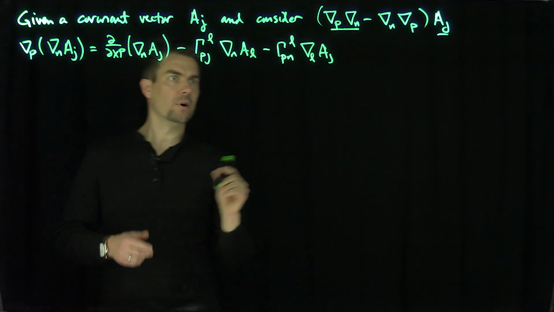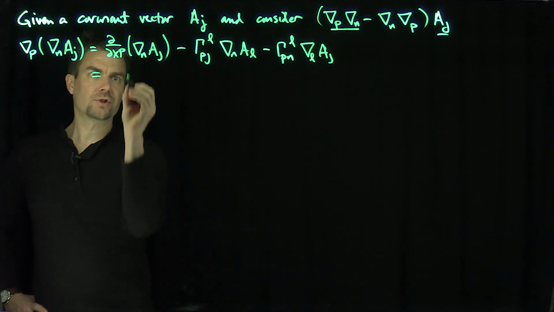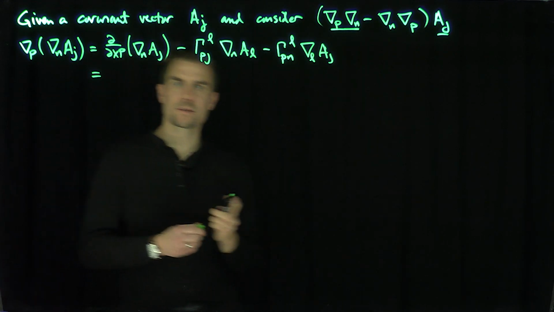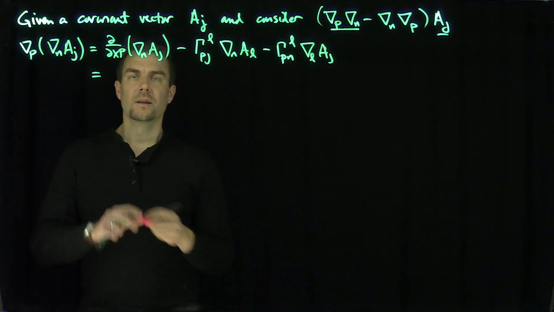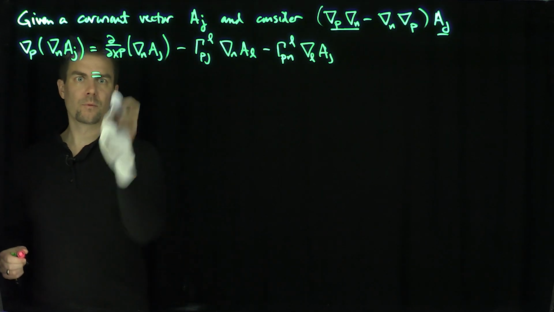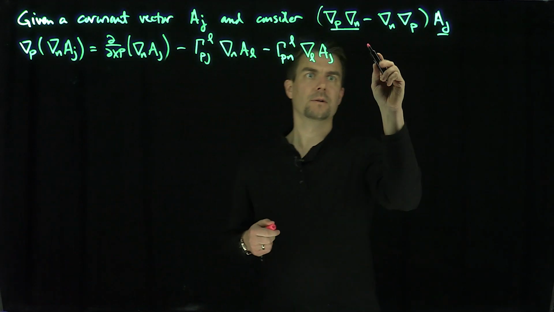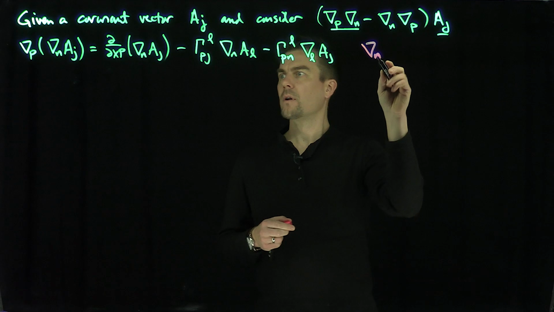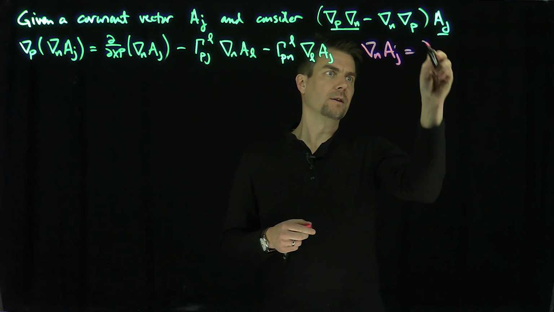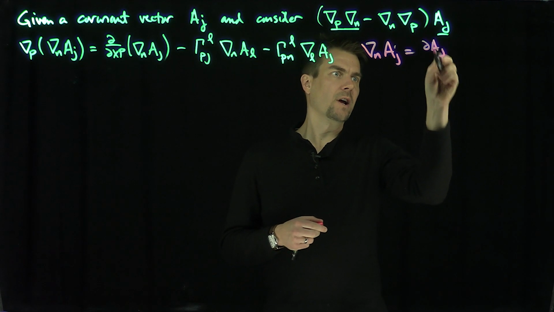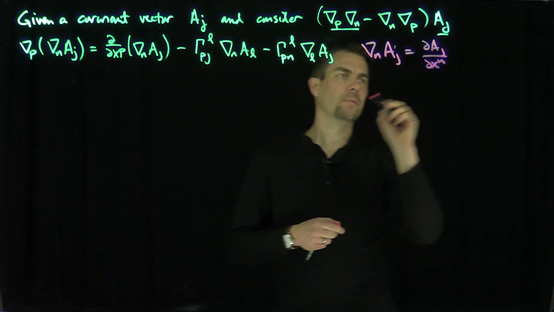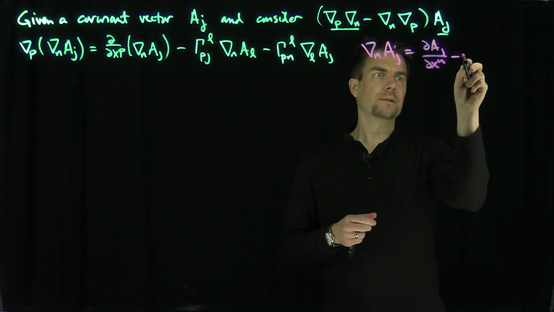Great. Now one more intermediate step over here is I'm going to differentiate this thing over here. So of course, what is this thing? Intermediary, so just let's note that the N derivative of A_J is dA_J over dx^N. And then I have a minus gamma.